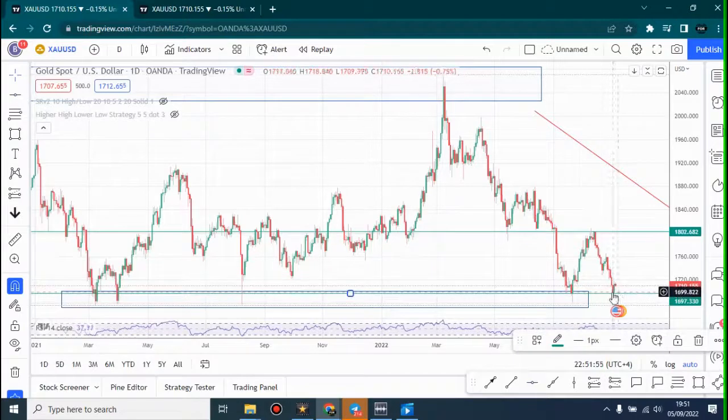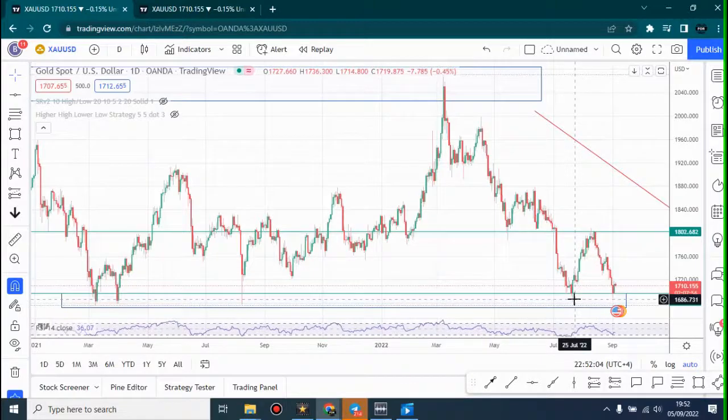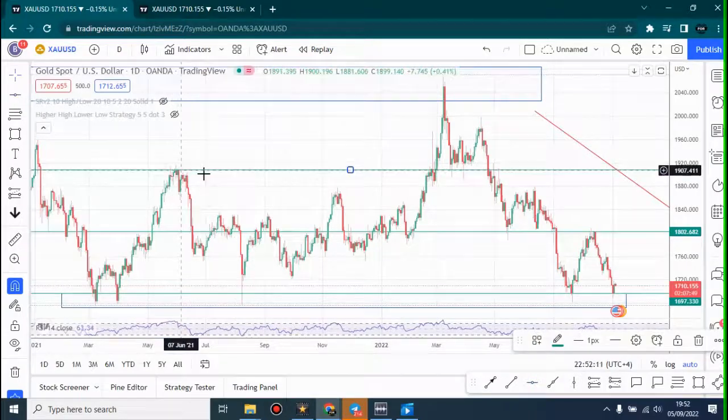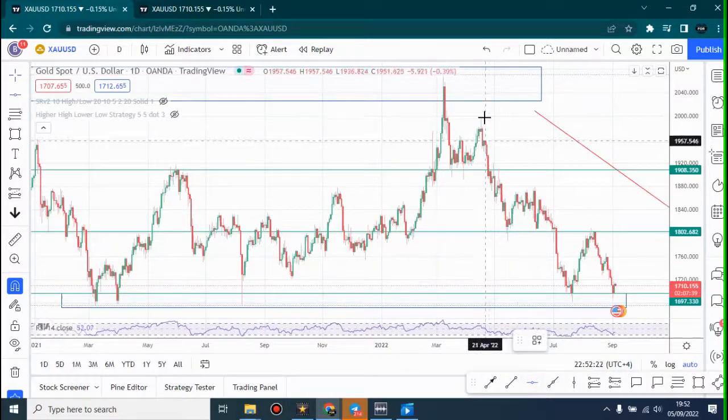So at this point, we have a support line, which is also a demand zone, and at this area we also have to draw another line. This is a resistance line. As you can see, price has been moving in accordance with this.